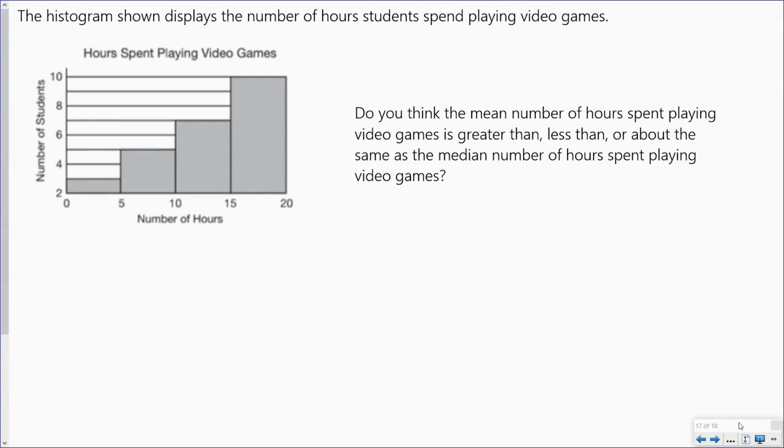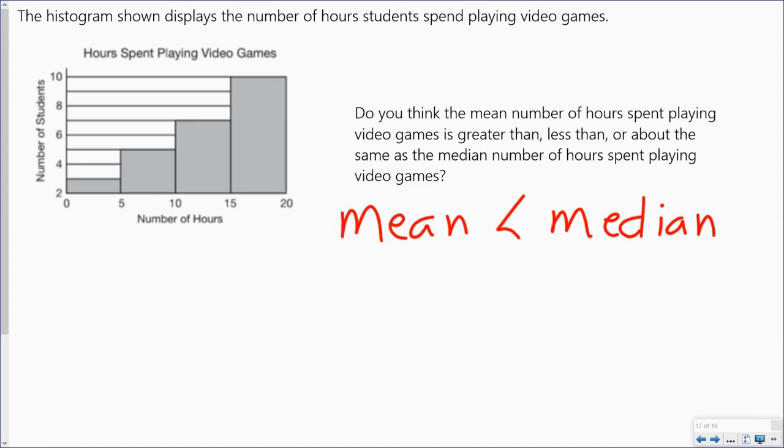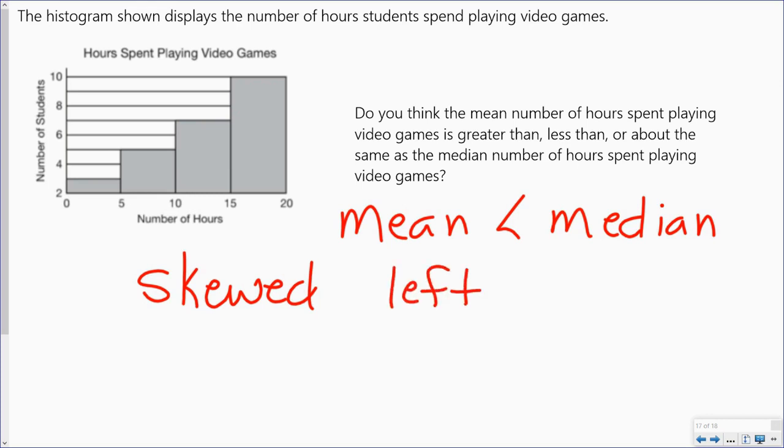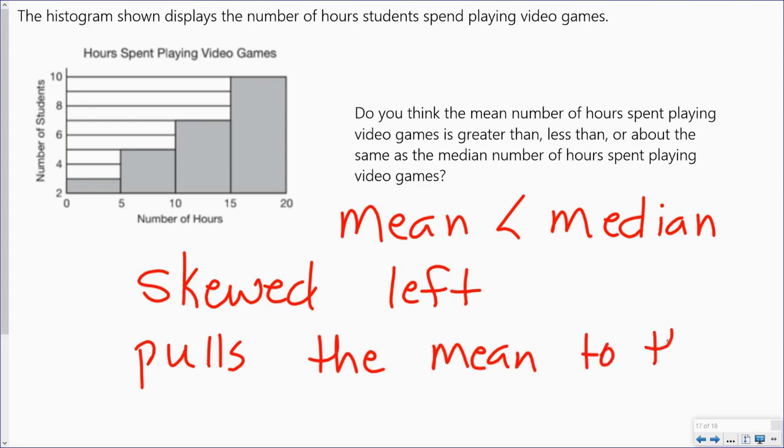Do you think the mean number of hours spent playing video games is greater than, less than, or about the same as the median number of hours playing video games? I would say that the mean is less than the median because the data or the graph is skewed left, and that means it pulls the mean to the left as well.